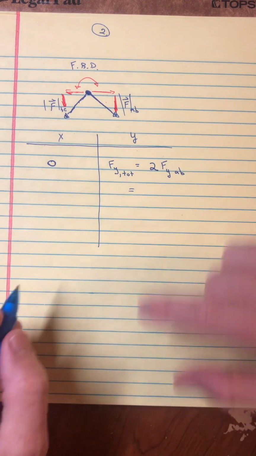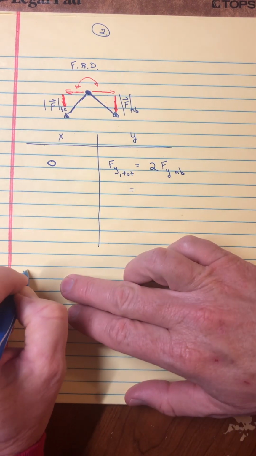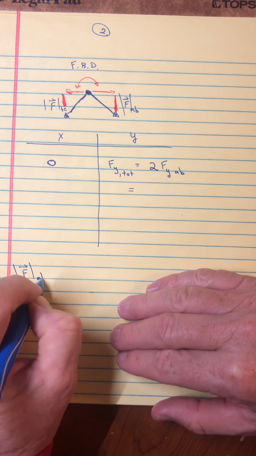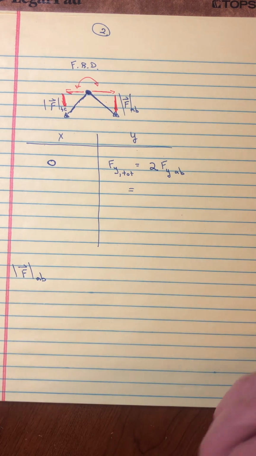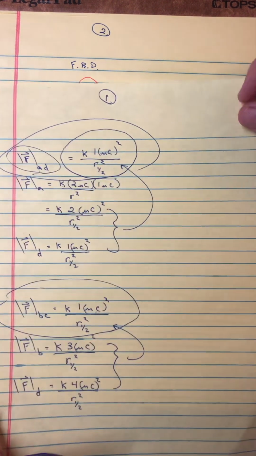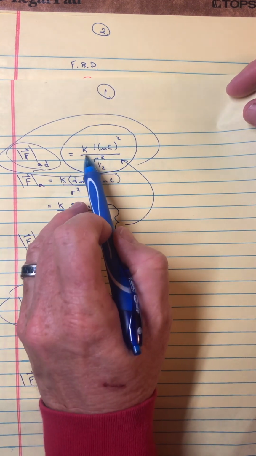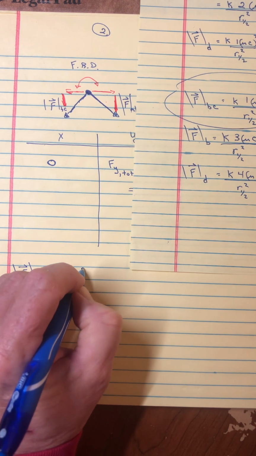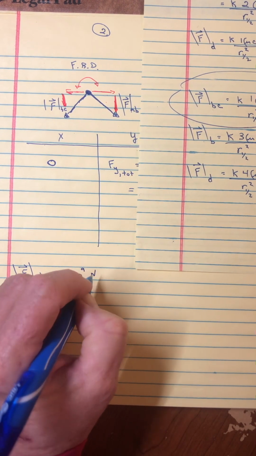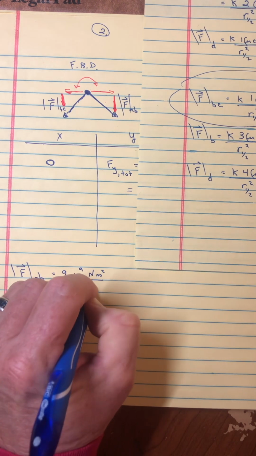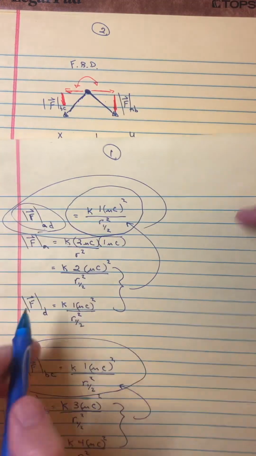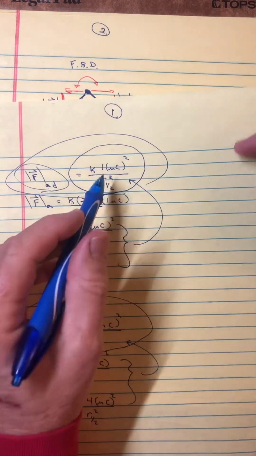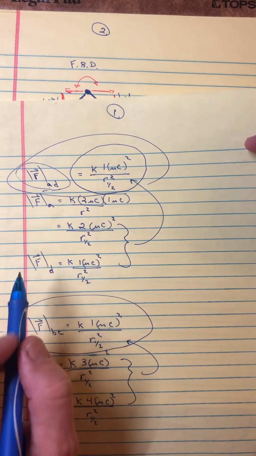All right, so now let me step away from that, and let's finally actually do the calculations. We have a number for the magnitude of AB, which, if you remember back here on page 1, we got this. So Coulomb's constant is 9 times 10 to the 9th when you put your units as newtons and meters squared per coulombs squared. So that's the K. We got the 1, you remember, by putting in the amount of charge.